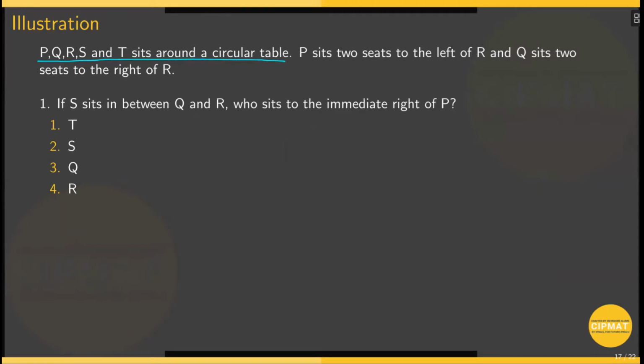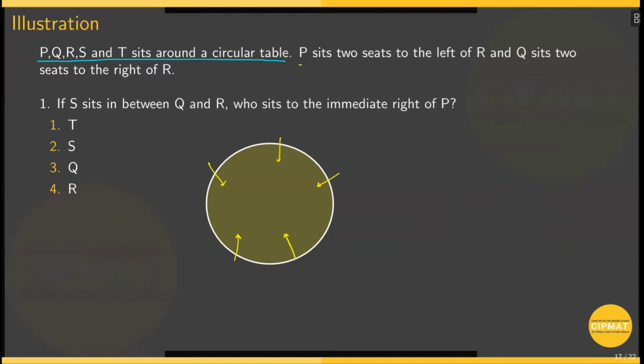From this, I can say it is a circular arrangement with a total of 5 people. So let me draw slots for 5 people: 1, 2, 3, 4, and 5.